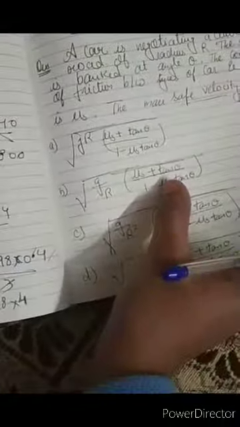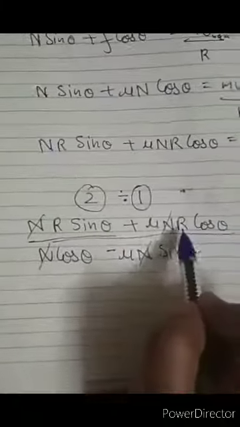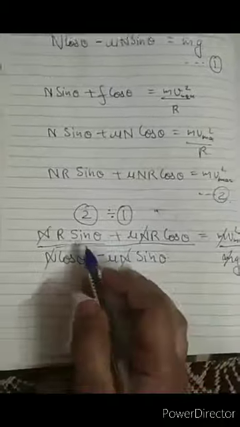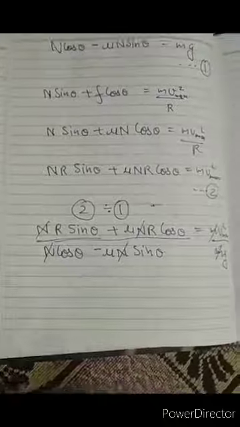Since we want to find maximum velocity, and the equation is in terms of theta, we take r common. First, if we want theta, divide the equation by cos theta.